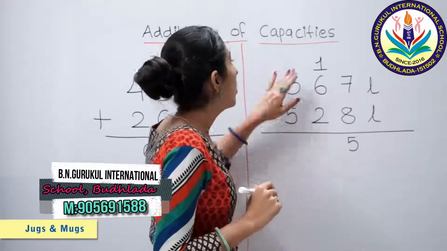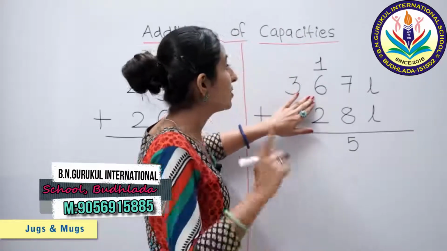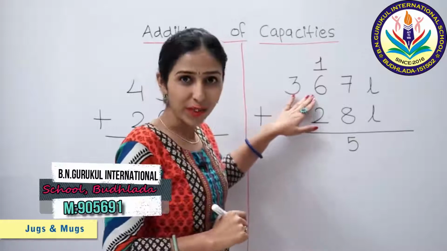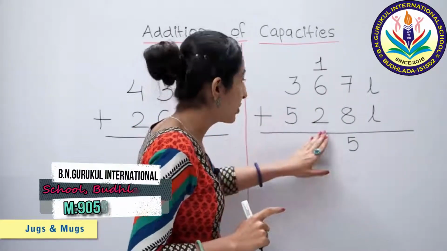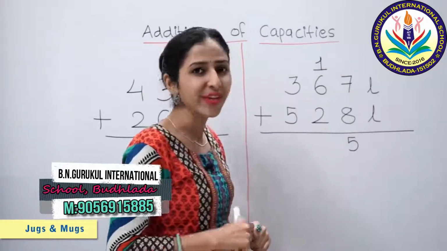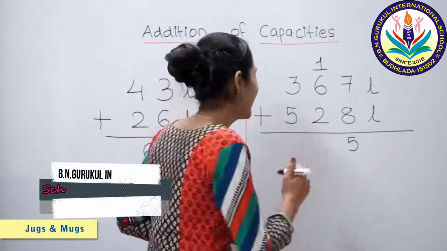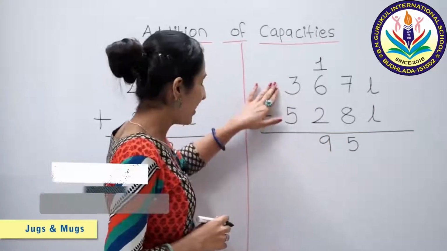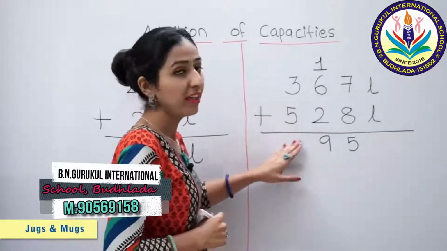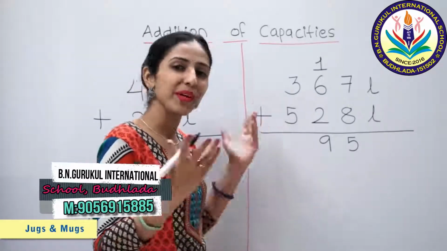Now, 1 plus 6 is equal to 7 and 7 plus 2 is equal to 9. 3 plus 5 is equal to 8.